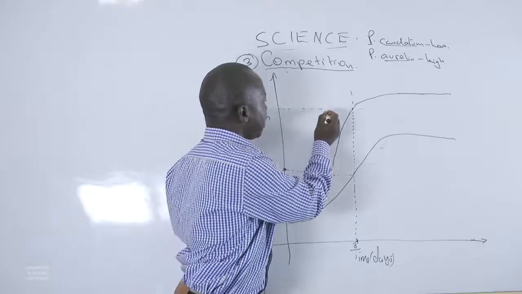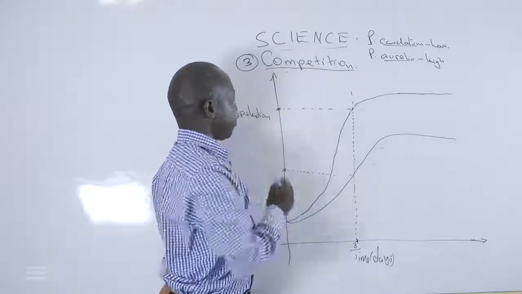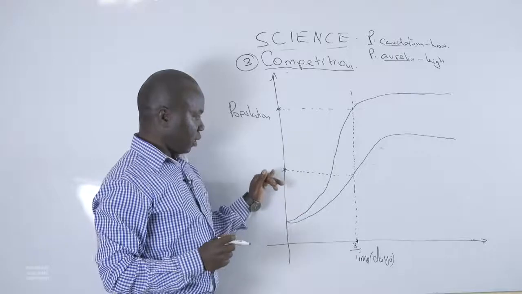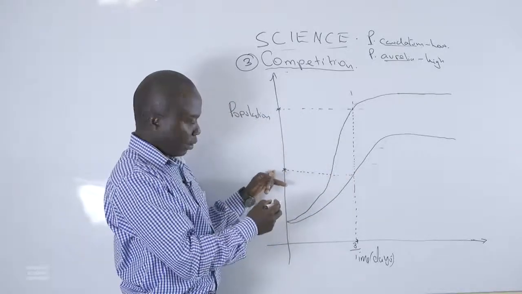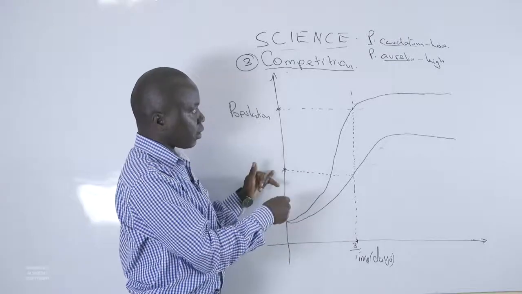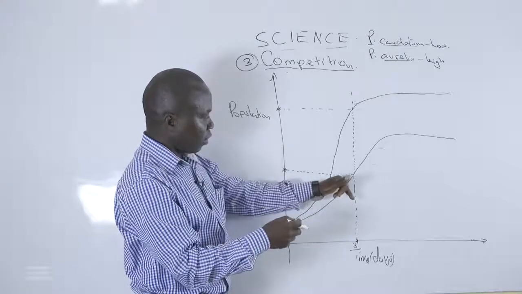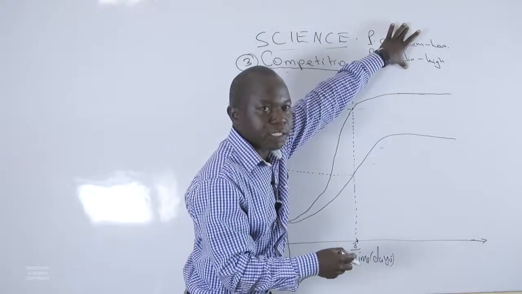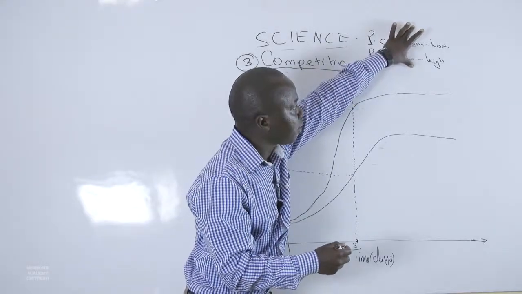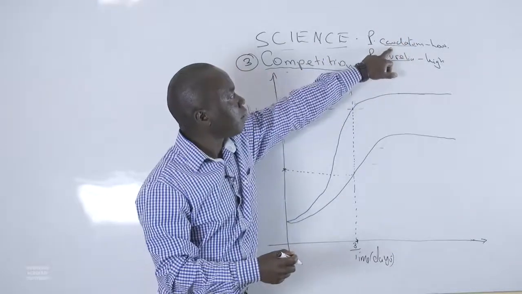Obviously, the value from one curve will be the lowest. It's the same time, but it's the lowest. So that lowest value represents the one with the lowest reproductive potential. So that one becomes caudatum.